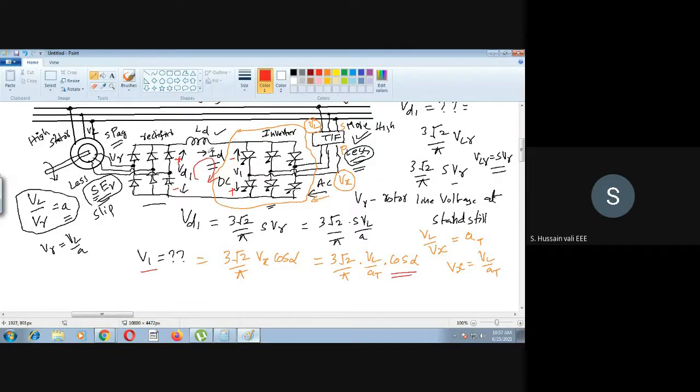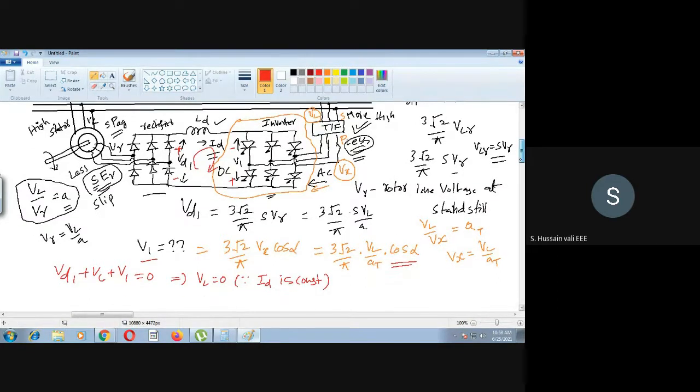But since the current ID is maintained constant in the inductor, the voltage drop across the inductor is 0. So VD1 plus VL plus V1 equals 0, but VL is equal to 0, since ID is constant.